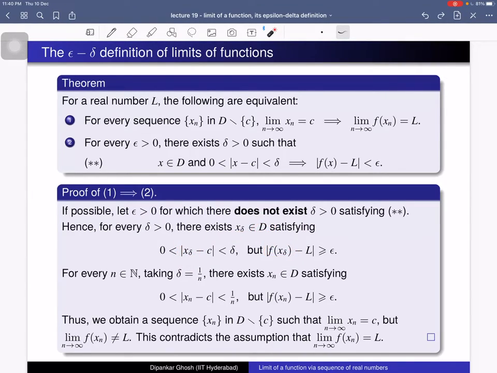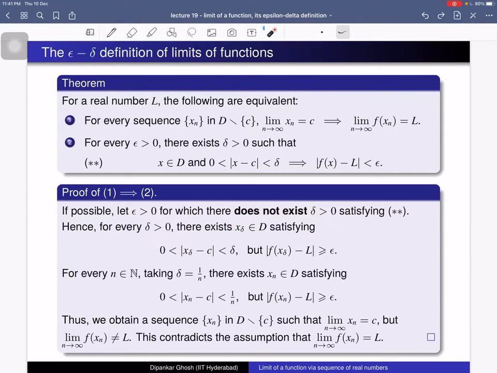Because we are assuming that for this particular epsilon there does not exist delta satisfying this condition. So whatever delta you choose, for this delta you can always have a point which is in this set, but it is not satisfying this condition. So for every delta you can have a point depending on that delta, and that is why we denote it as x suffix delta.